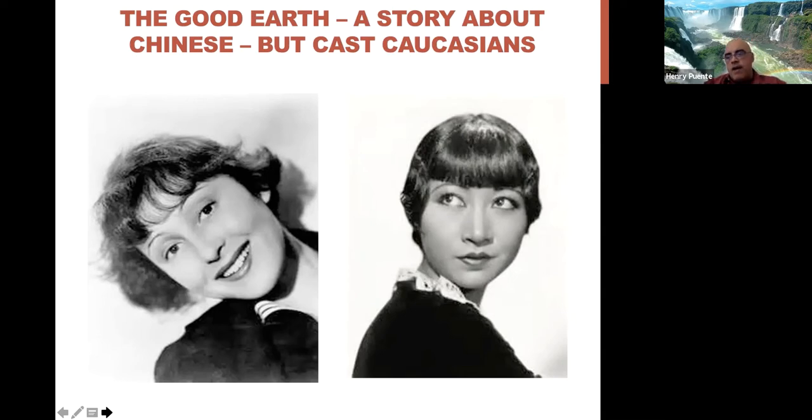So going back to the idea of the production code and how it marginalized the other, and actually helped support and benefit whiteness. This is Louise Rainer over here, and she ends up winning an Oscar for this movie called The Good Earth. And this is Anna May Wong, one of the best Asian American actresses in the history of Hollywood. When it came to casting this particular movie, Anna May Wong thought she was going to get the role because it's The Good Earth.